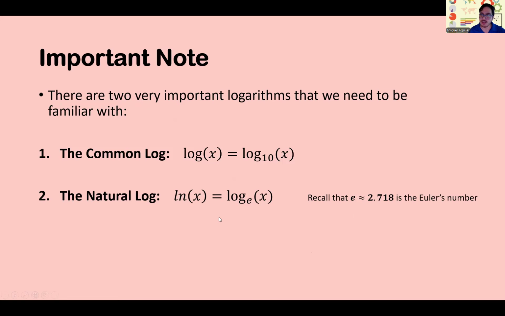So instead of putting log base e, we're just going to call that the natural log. So whenever you see the natural log of like 5, just know that that's the same thing as log base e of 5. If you need to write that base explicitly, then do it just to remind yourself what the base is. But otherwise, we're not going to show it. We're just going to understand the natural log has this base e.